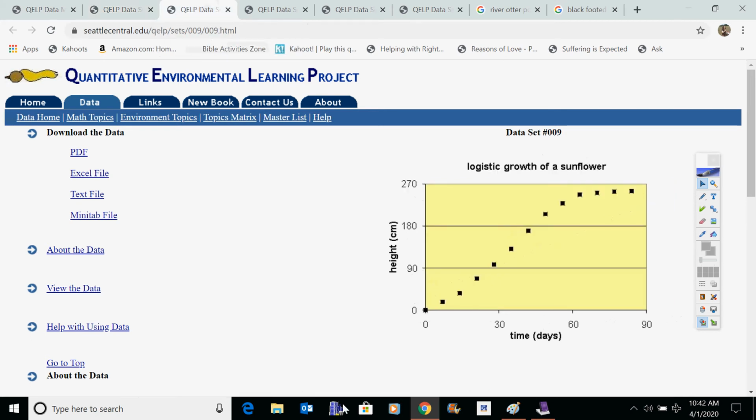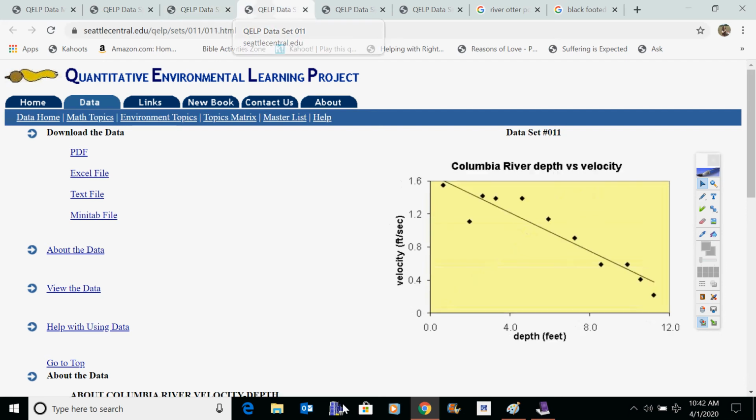Another thing that they did is they looked at the height of a sunflower as the time in days went on, and what they found is that the flower was getting bigger and bigger over time, which makes sense. So this scatter plot has actual data in it, showing a positive relationship, at least to the point where the sunflower reached its maximum height.